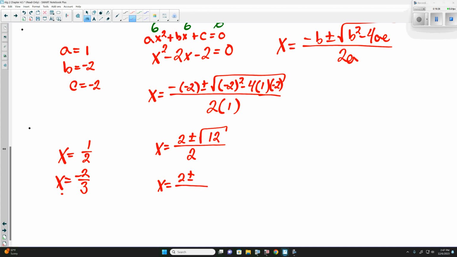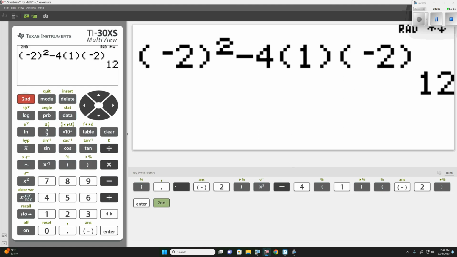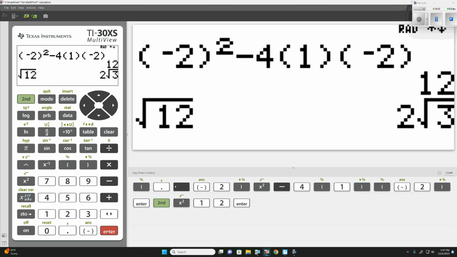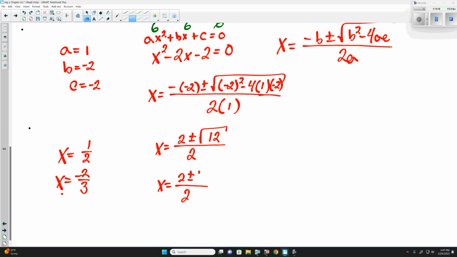Now we can take the square root of 12. We'll need to use the 30X instead of the graphing calculator. Graphing calculator will just give us a decimal. Reduced radical form is 2 square root of 3.